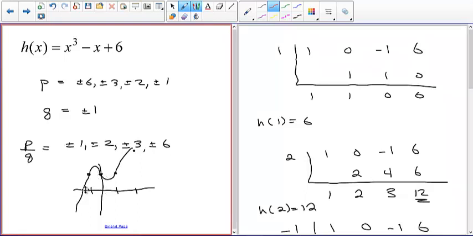So I said, oh, there's probably only 1 zero, and it's got to be less than negative 1, because the way this thing was moving, it looked like it had to. This one here is 6 greater, so this one's probably 6 less. So that's something that kind of comes with experience.